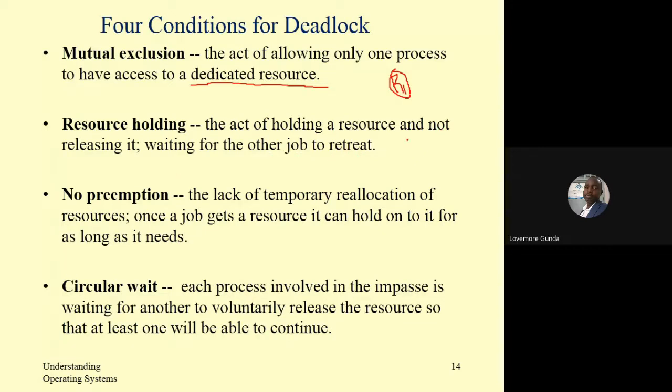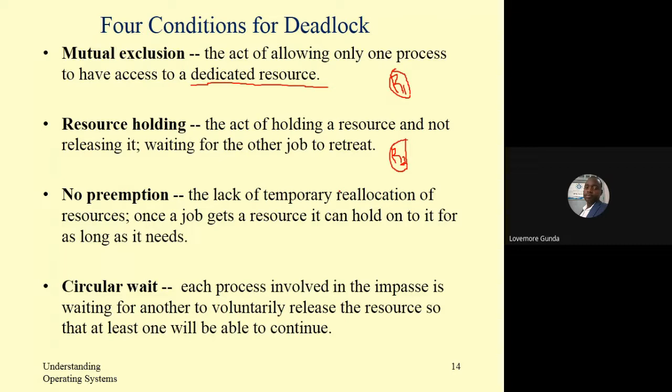In other words, a process takes resource number 2 and is holding it, waiting for other resources. In other words, it is anticipating the other resources to stop or retreat so that it can proceed. That is resource holding.